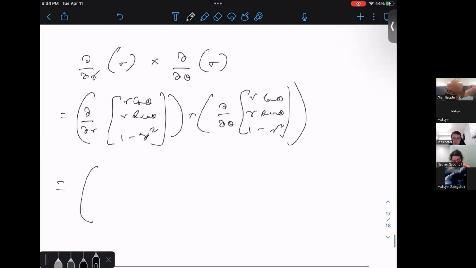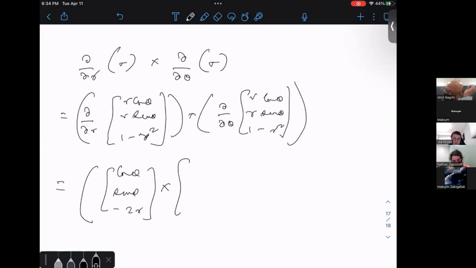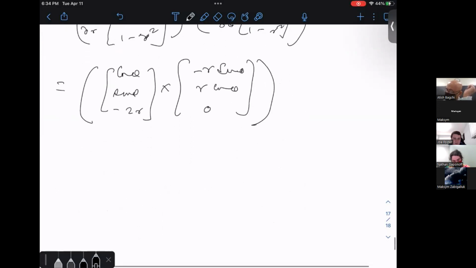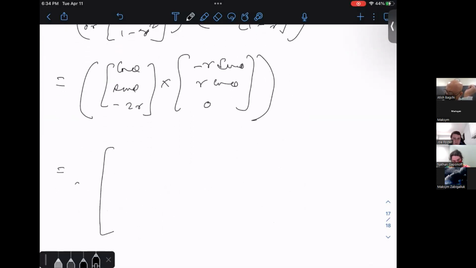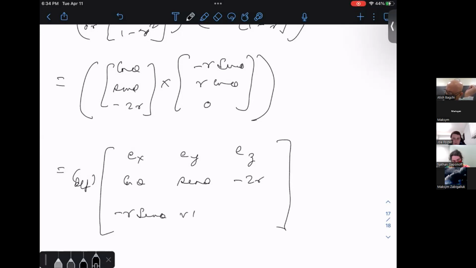So this is equal to (cosine theta, sine theta, minus 2r) cross (minus r sine theta, r cosine theta, 0). So this is equal to the determinant with rows Ex, Ey, Ez; cosine theta, sine theta, minus 2r; minus r sine theta, r cosine theta, 0.